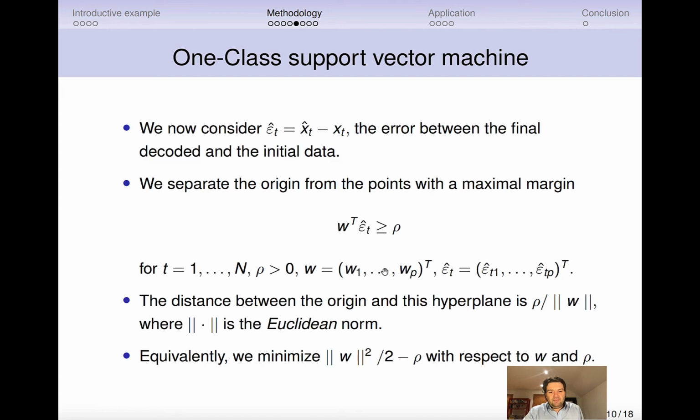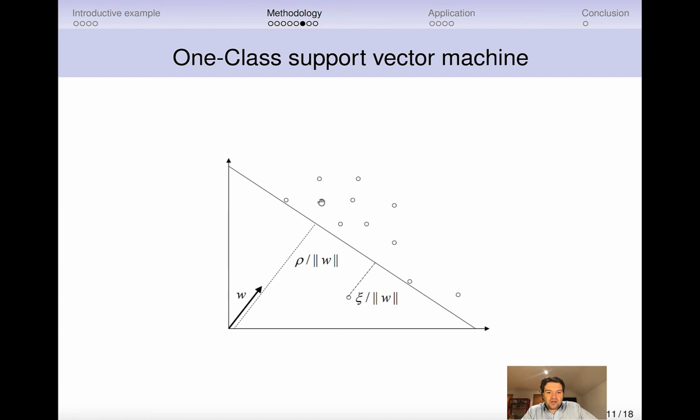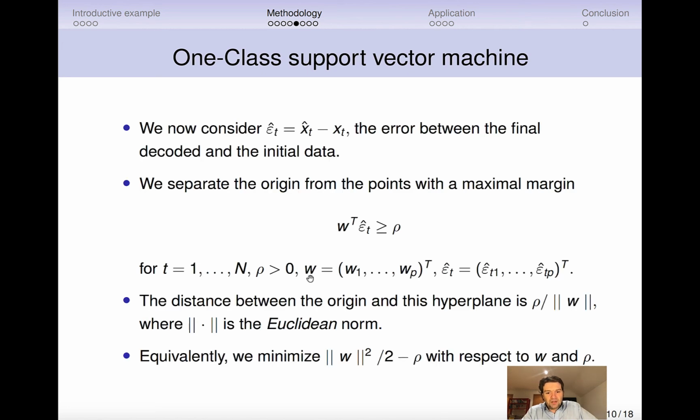That means that we are going to use a hyperplane with this equation, W transpose times the errors equals rho. That will be the equation of this hyperplane, and we can show that in this case the distance between the origin and the hyperplane is rho divided by the norm of W. W is of dimension p, epsilon t of dimension p as well.